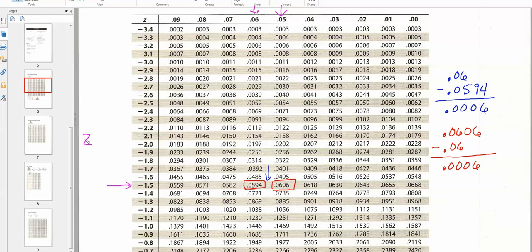So z sub c for this particular problem is going to be equal to 1.555. And that's going to be what we're going to use when we determine our confidence interval.